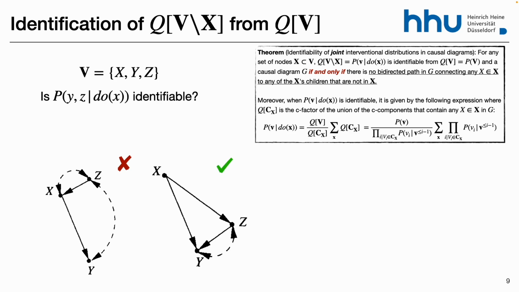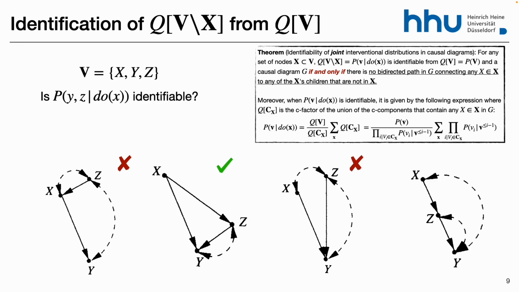So that's identifiable. What about this? It's kind of similar to the first, but the edge is different. Y is a child of x, but we have the bidirected path from x to y over z. So it's not working.